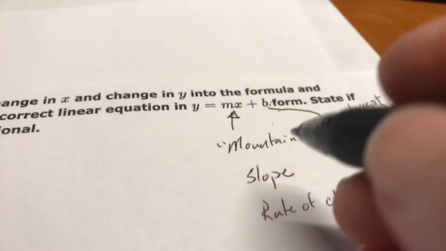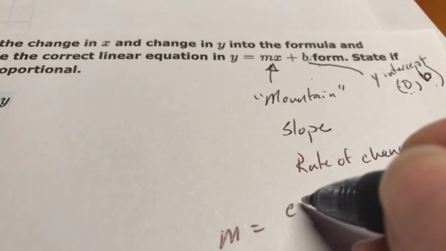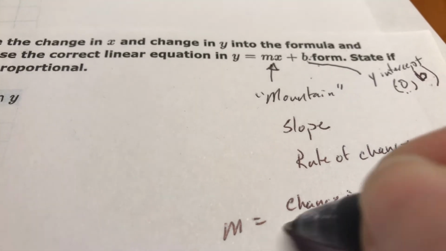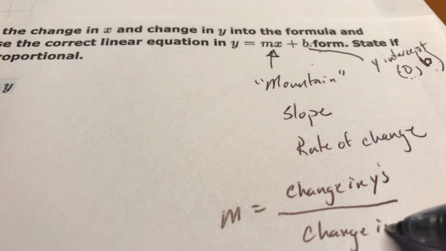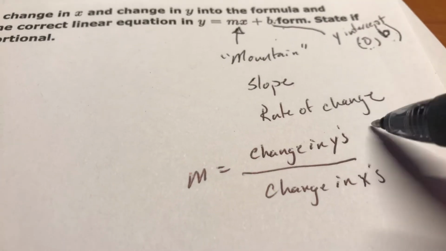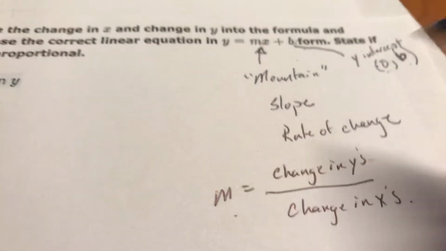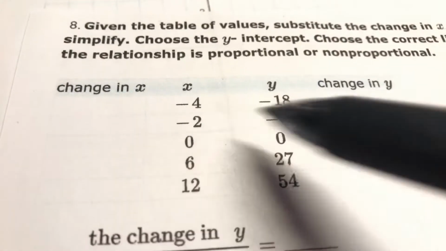Now then, slope, rate of change, is always the change in y's over the change in x's. Okay? Change in y's over change in x's. That's the slope. So that's why they give you the x's and the y's, and the first thing I want you to do is find the change.